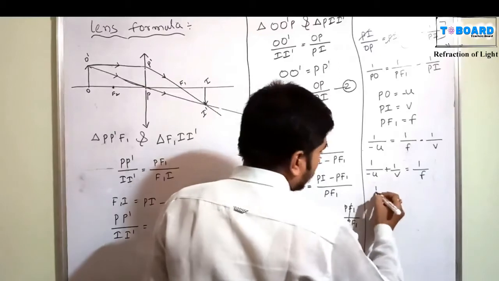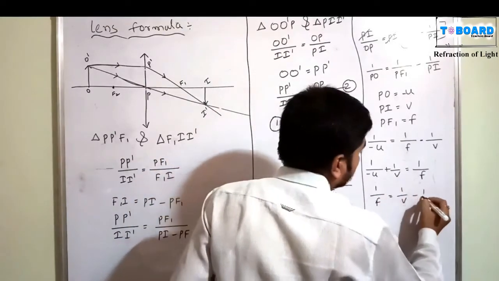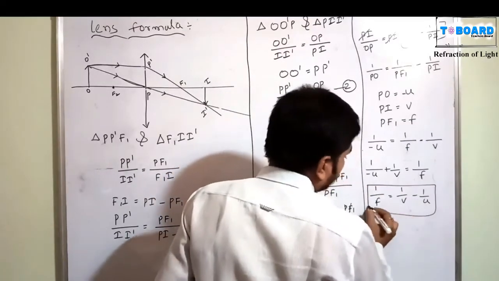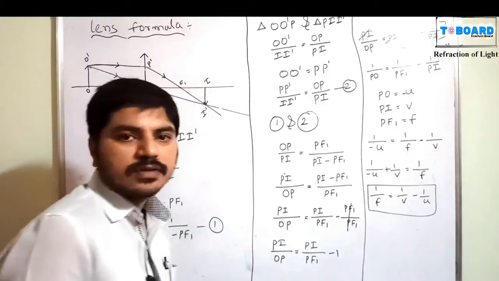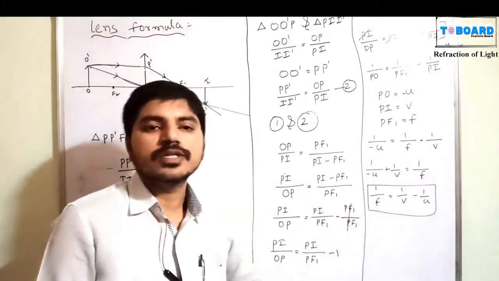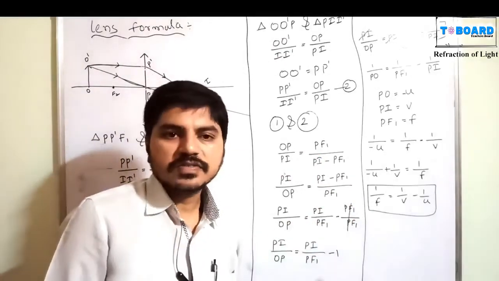If I write 1 by f in order, it is 1 by v minus 1 by u. This is the lens formula to calculate an unknown object distance, unknown image distance, or unknown focal length of a lens, right?